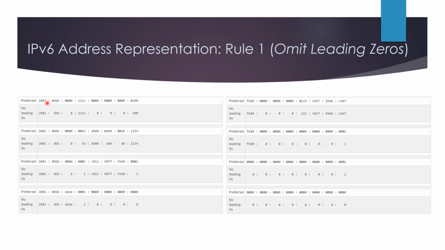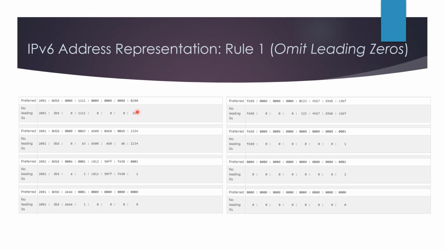As you can see, there are hextets here, and the first hextet can be written as it is, and here you can omit this 0 because it doesn't have any value, and it can be written in this form. And the third hextet, you can omit the first 3 zeros, and then you can write it in this way.